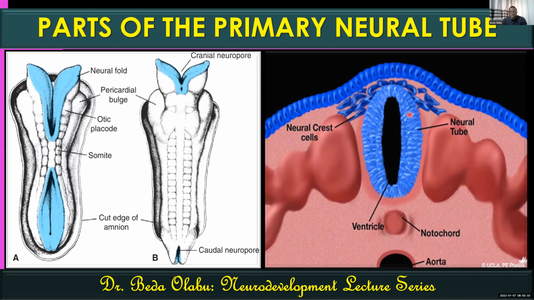But I want you to note that the primary neurotube has a wall and a lumen. The wall is that one, this is the lumen. In the spinal cord, we saw how this happened. The wall has several cells which divide into some zones, giving rise to the different parts of the spinal cord in cross-section. The lumen becomes the central canal of the spinal cord.